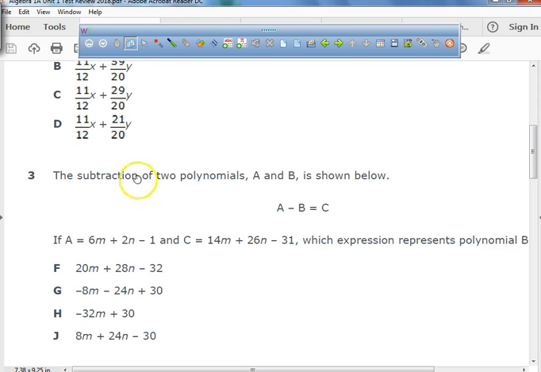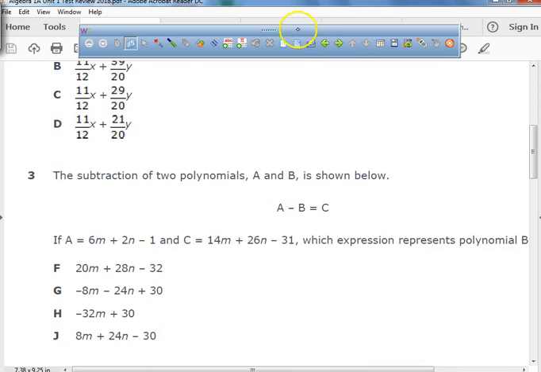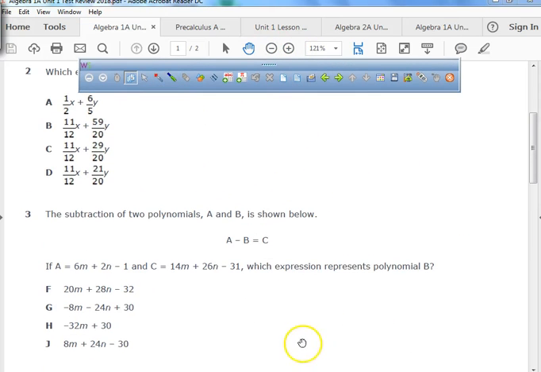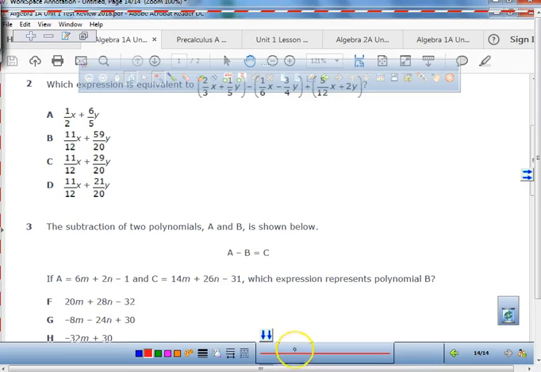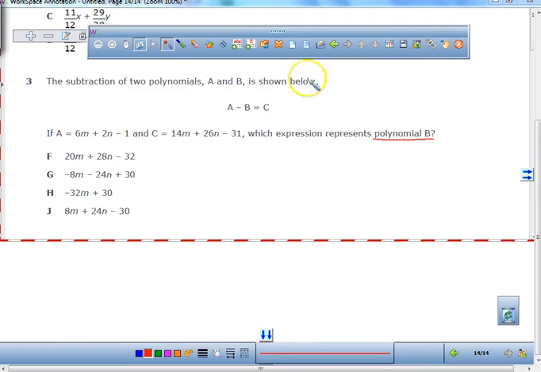Number 3. It says the subtraction of two polynomials A and B is shown below. What does it say? It says A minus B equals C. All right. I'm going to zoom out just a little bit. It says which expression represents polynomial B. So we're going to try to find out what polynomial B is.